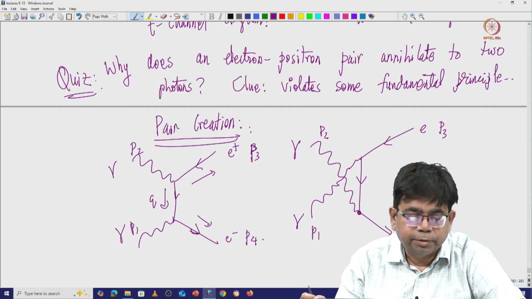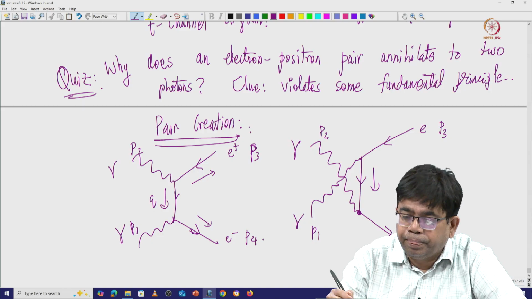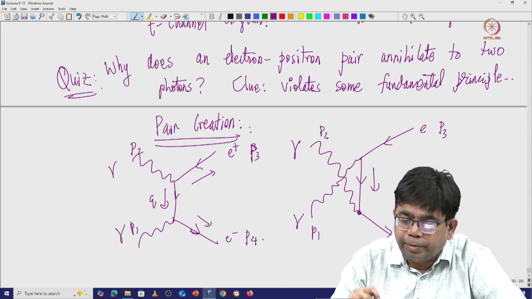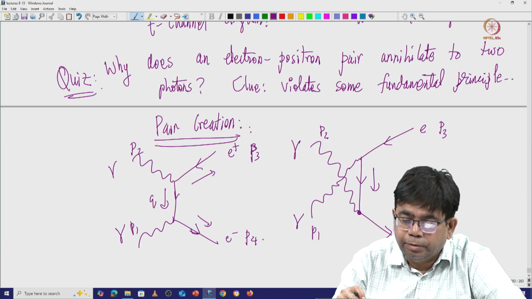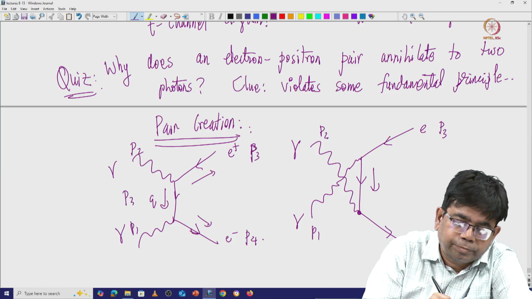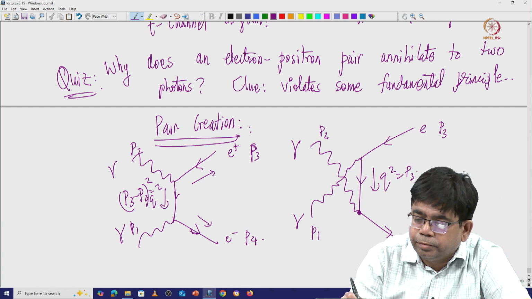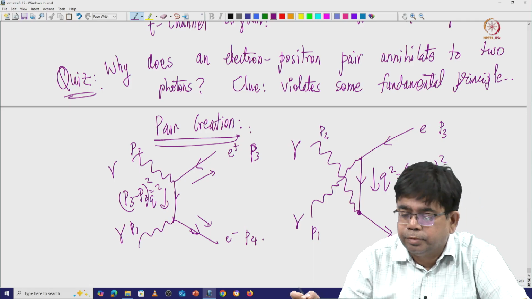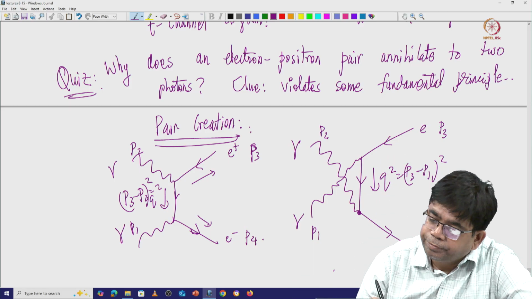So you have P3 minus P1 coming in here, P3 minus P1, and this one is P3 minus P2. Okay. So these are the 2 diagrams you can have.